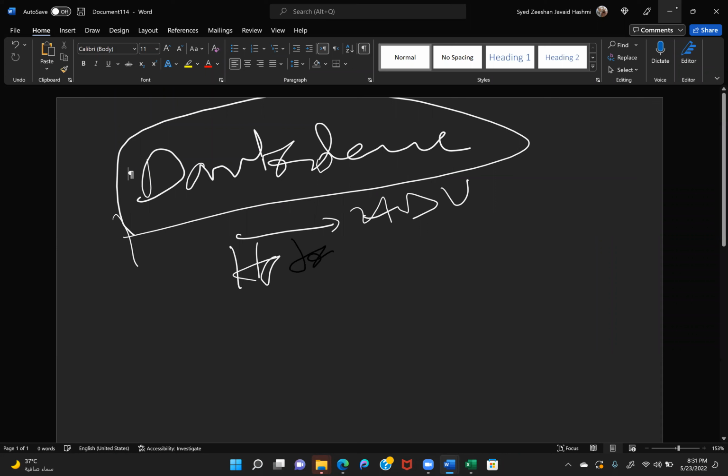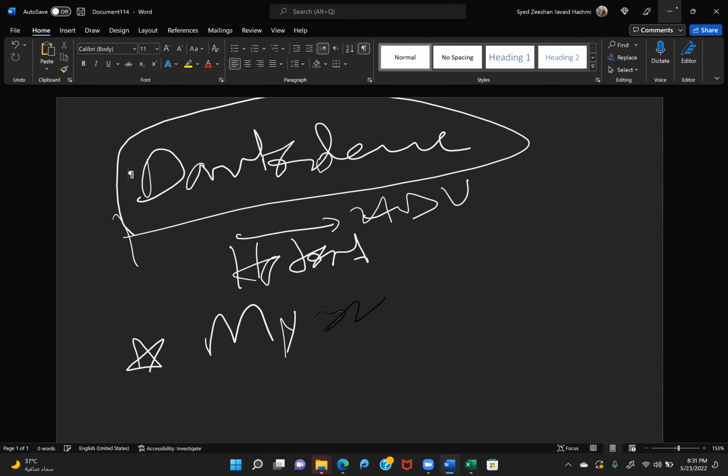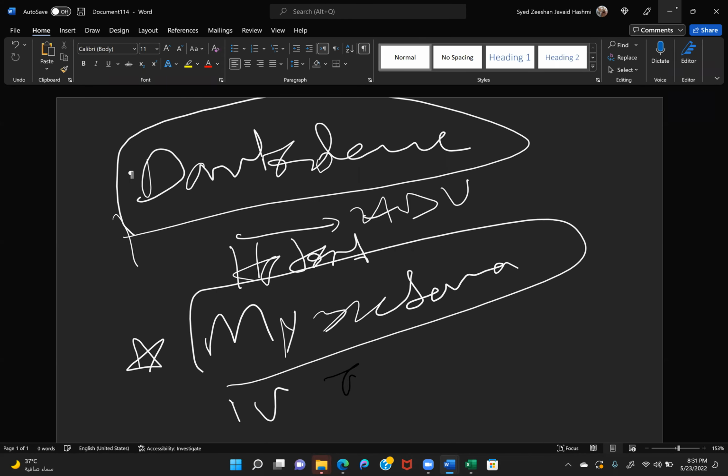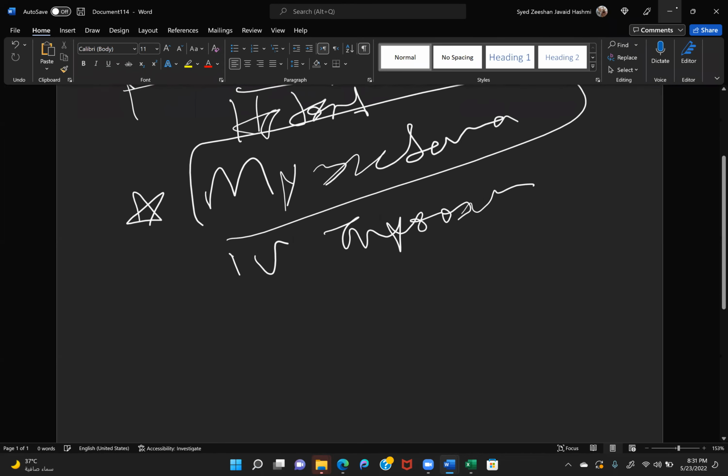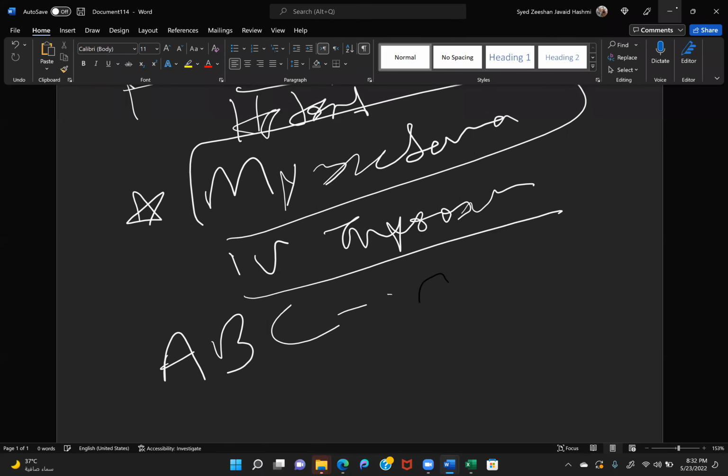Okay, so myxedema. IV levothyroxine. Airway, breathing, circulation. Never forget this thing. The patient might need IV thyroxine.